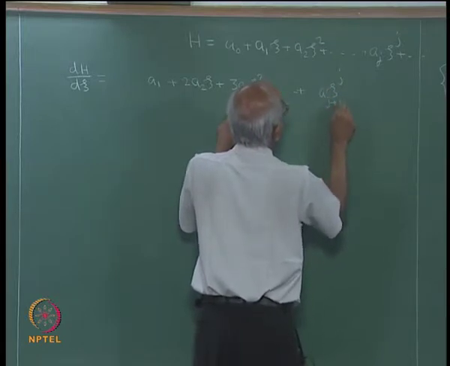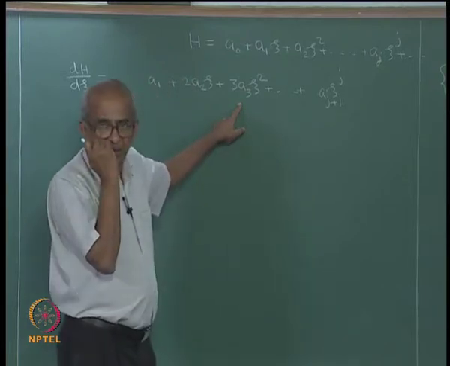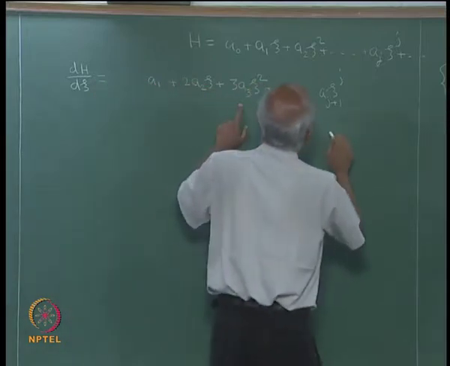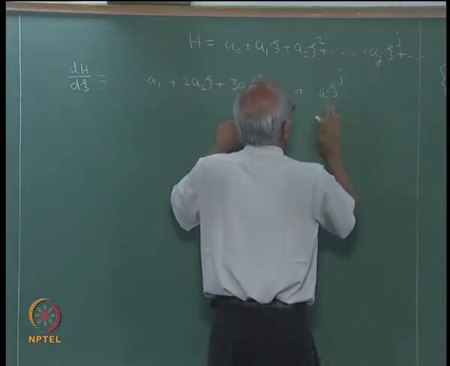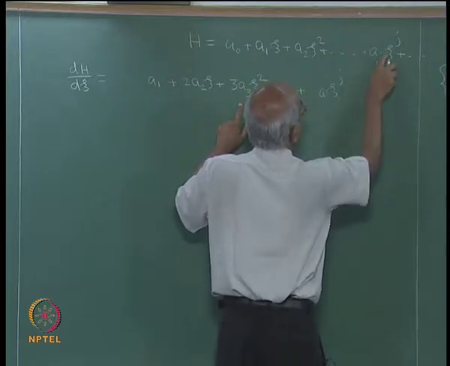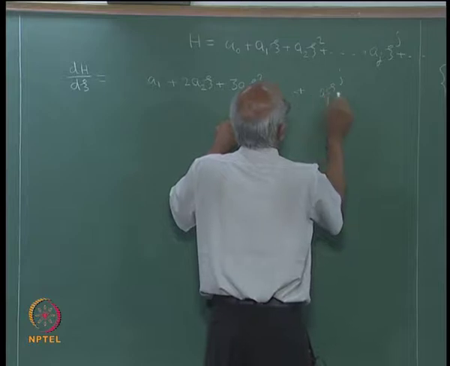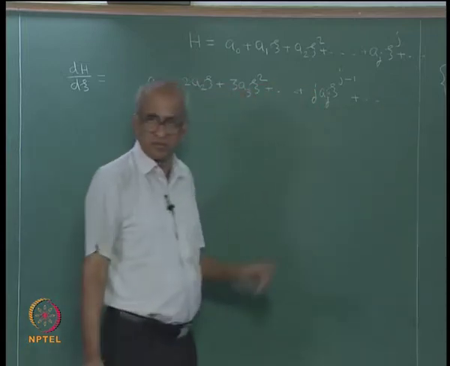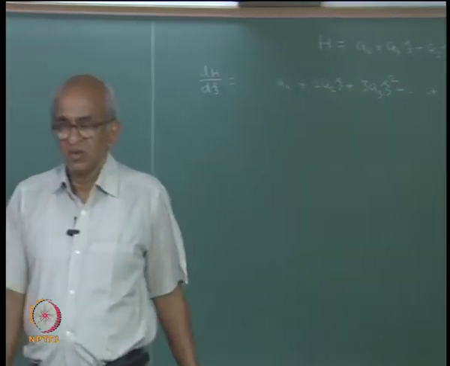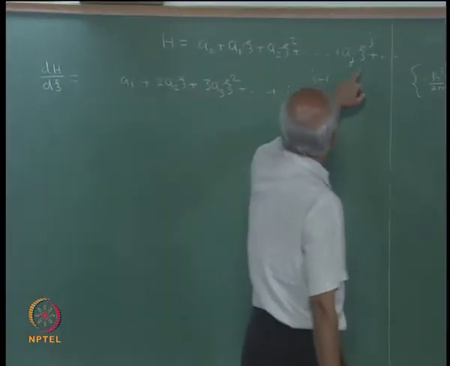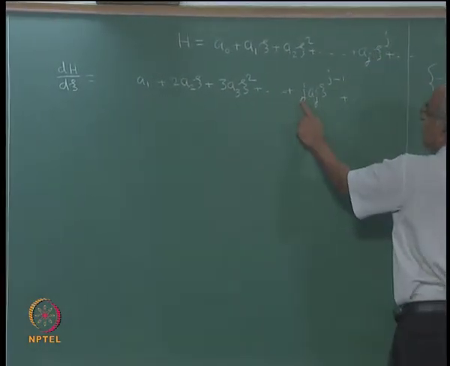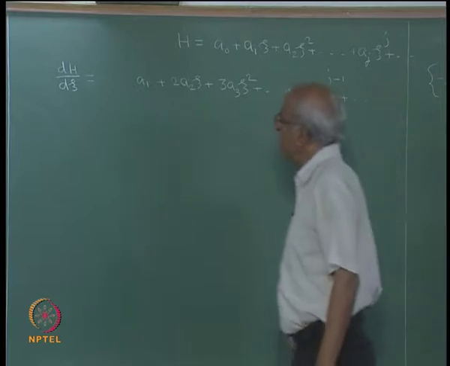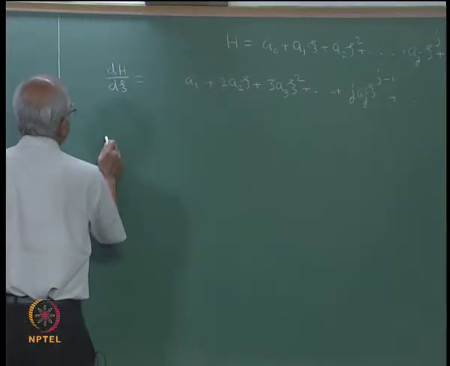A j plus 1, or maybe I will write it in this fashion. If you differentiate this term, what will be the answer? You are going to get j times aj c to the power of j minus 1 plus etc. Okay. Because the derivative of this term, what is it? It is going to be j times aj times c to the power of j minus 1. So, let us now calculate the second derivative.